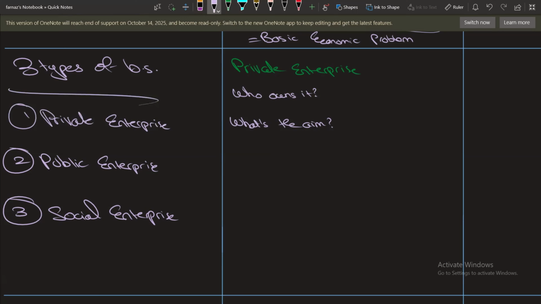Who owns a private enterprise? Of course, it's owned by private individuals like you and me. I'm a private individual because I'm not associated with government. You are a private individual because you're not associated with government. If I open a shop today or you open a business today, that is what private enterprise is because we are private individuals. And what's the aim?